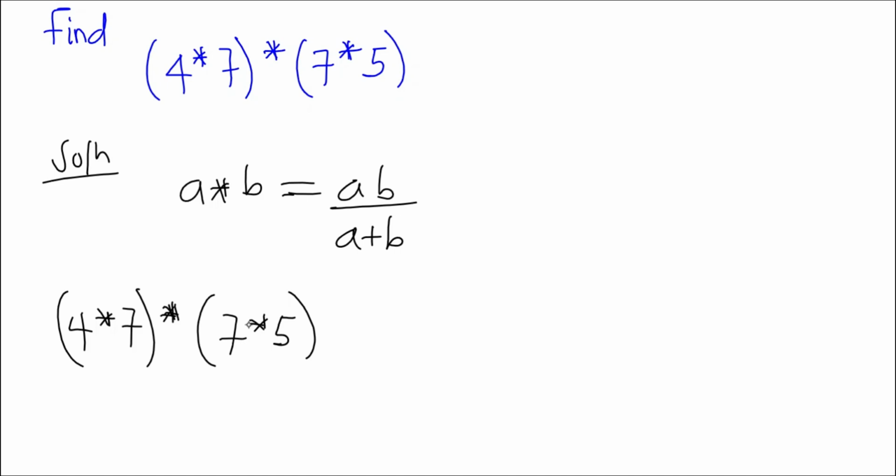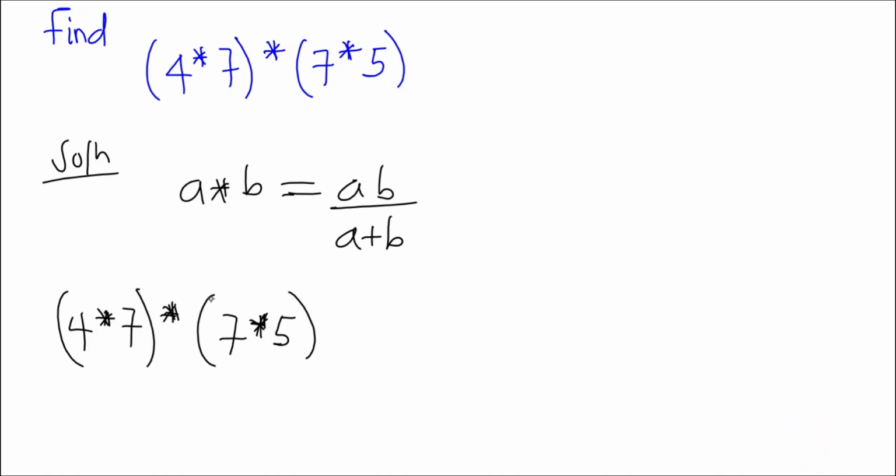Since we cannot find all of them at a go, we can break it down. Which means that we take 4 star 7, solve it and put the answer there. Also find 7 star 5, solve it and put the answer there. Then we operate on their answers using the same rule given to us.